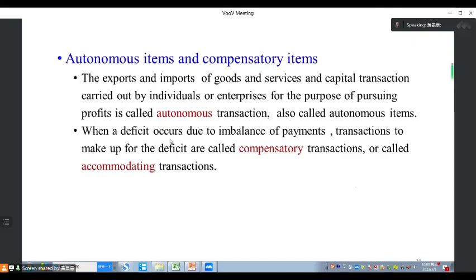When a deficit occurs due to imbalance of payments, transactions to make up for the deficit are called compensatory transactions, or accommodating transactions.